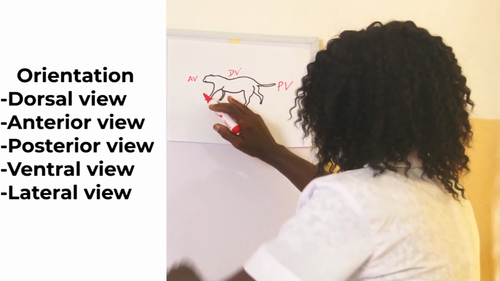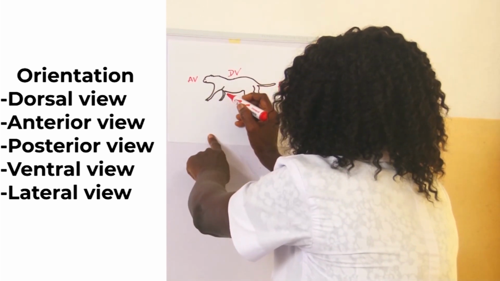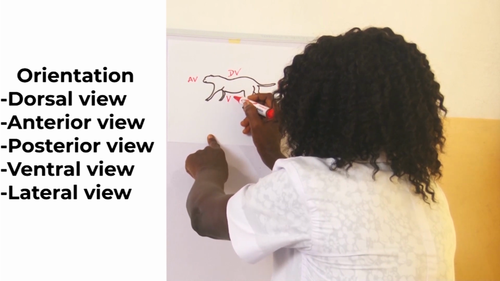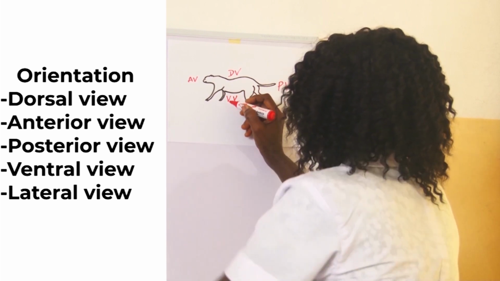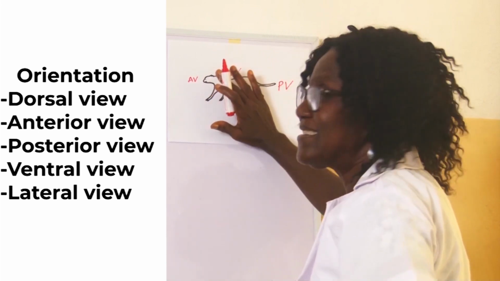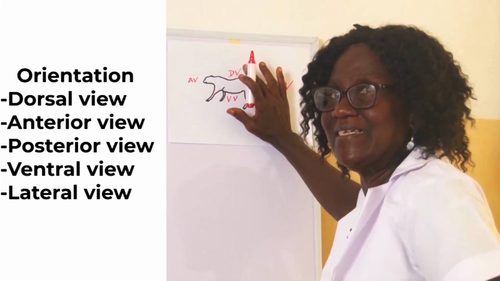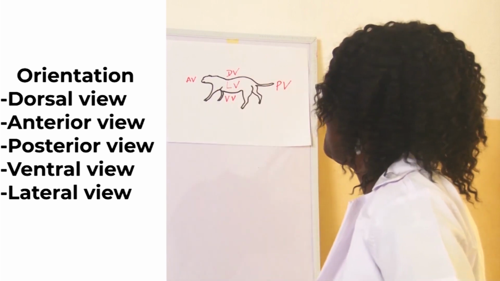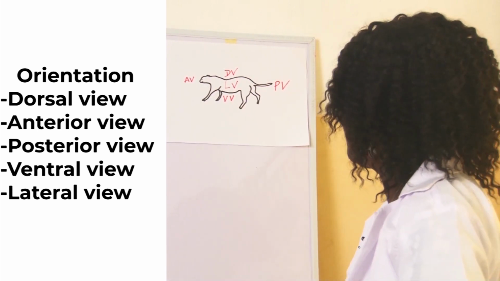Looking at the organism from underneath, we are looking at the ventral view. If you are looking at the organism from its side, we are looking at the lateral view. So that is orientation.